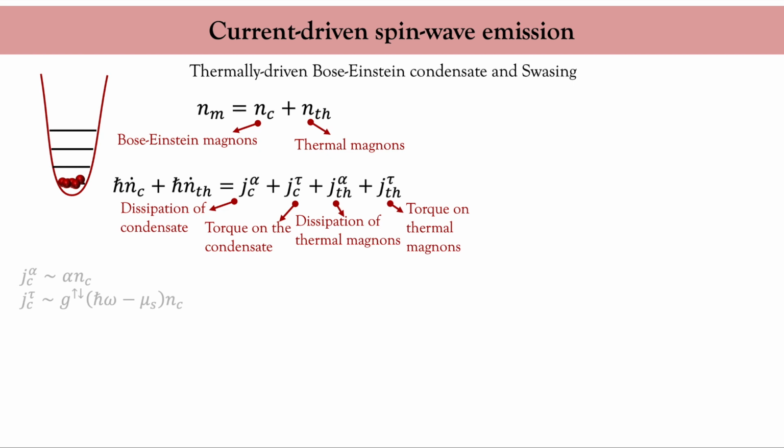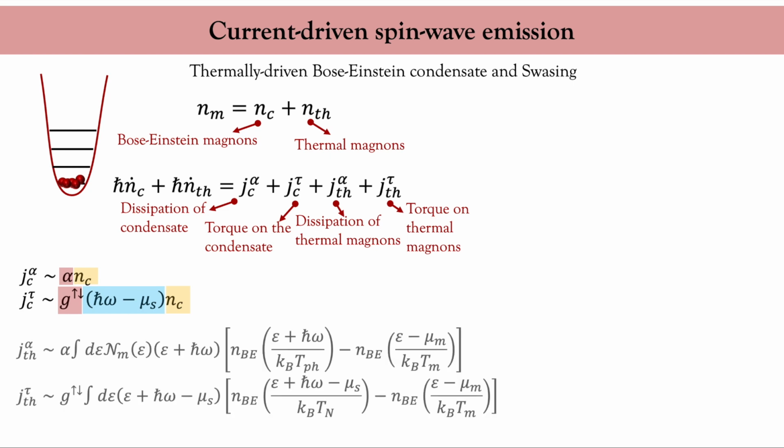The dissipation of the condensed magnons is proportional to the magnetic damping, whereas the torque is proportional to the spin convertance and driven by the difference between the magnon energy and the electron spin chemical potential. Both currents are proportional to the number of condensed magnons. The expression of the dissipation and torque experienced by the thermal magnons is a bit more involved. These currents are still proportional to the damping and to the spin convertance.